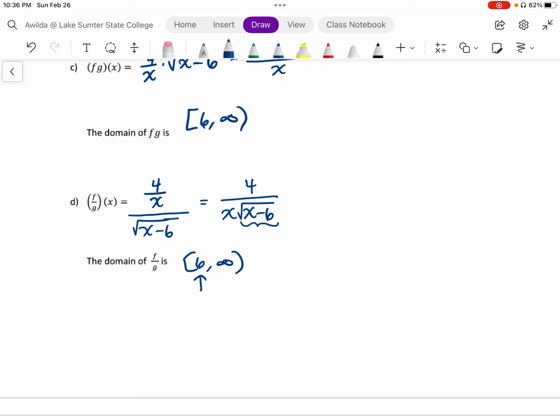And it's clearly in a denominator. So the new domain is going to start at 6, but 6 cannot be included. So we're going to use parentheses instead of a bracket. Let me make that a little bit more clear that it's parentheses. 6 is not included because the value x equals 6 would cause the denominator to be 0.